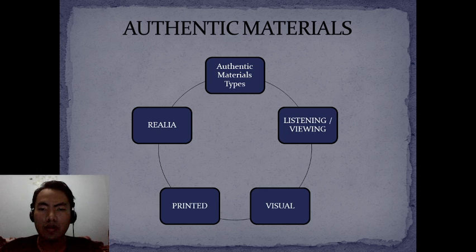For example, in audiovisual, we can use movies or movie clips to teach English. And then the second is visual, by bringing something like paintings, photos, or PowerPoint slides, picture slides.